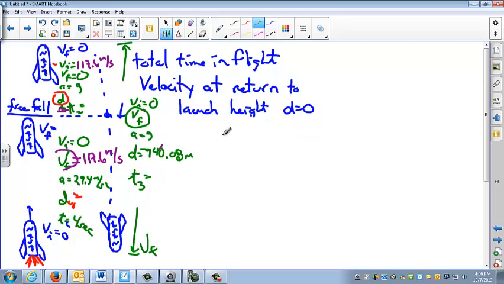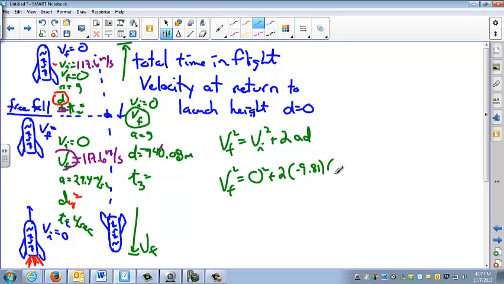Again, using the formula that doesn't have time, formula number 4, final velocity squared equals initial velocity squared plus 2AD. We know that final velocity is what we're looking for. Initial velocity is 0. Got 2 times the negative 9.81 times the distance of negative 940.08 meters.